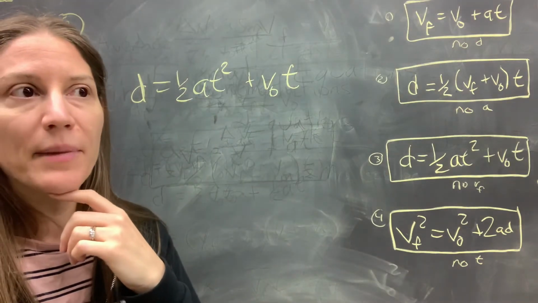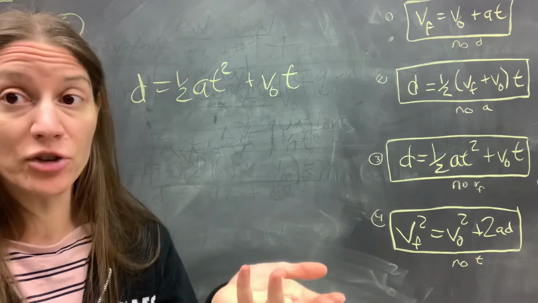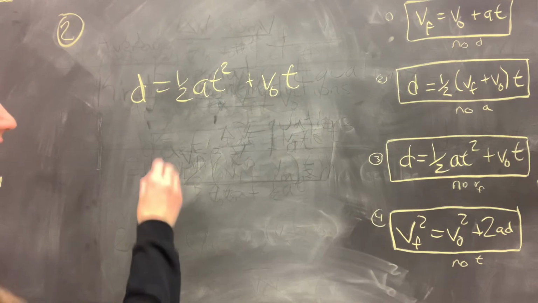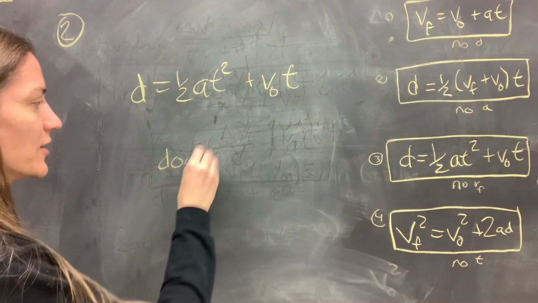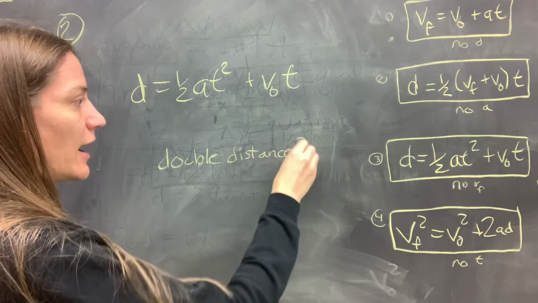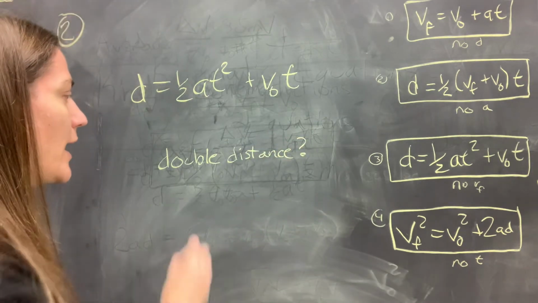But what if the distance changes? How will the time change? What if we double the distance? How does that change the time if everything else is the same? What happens to the time?